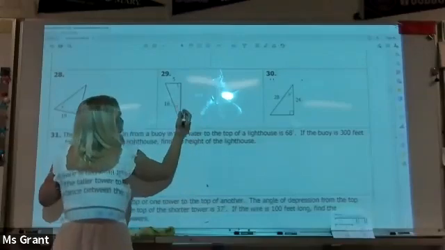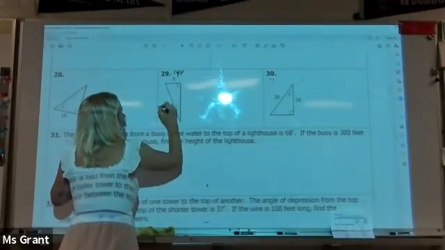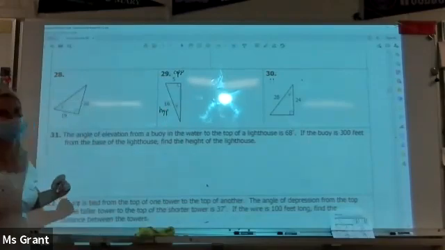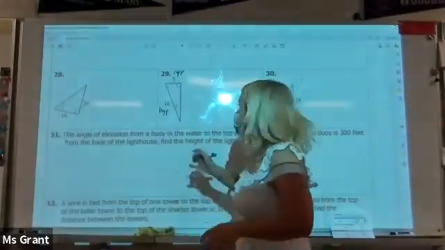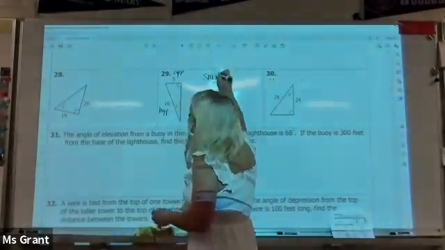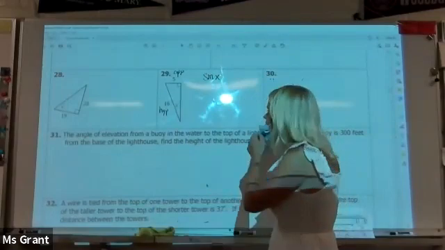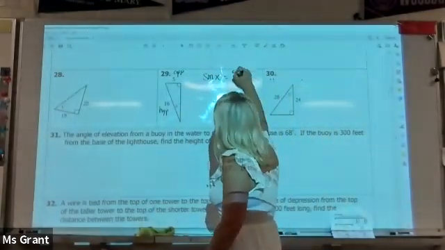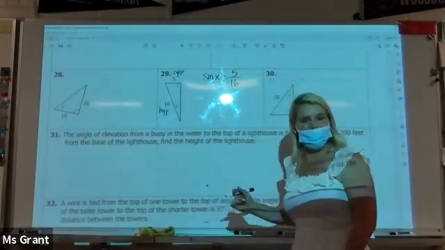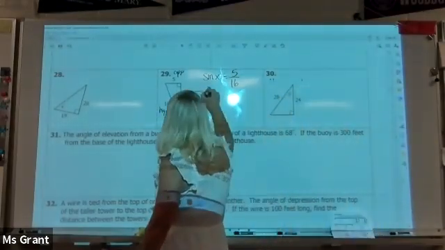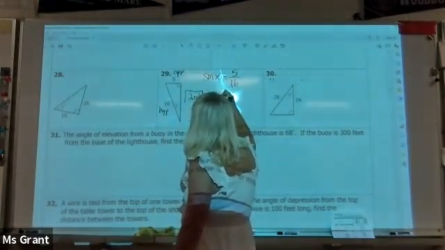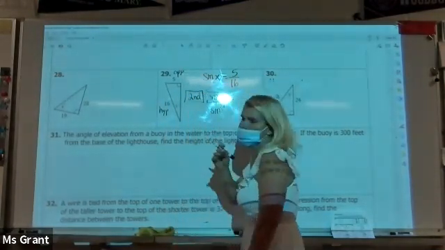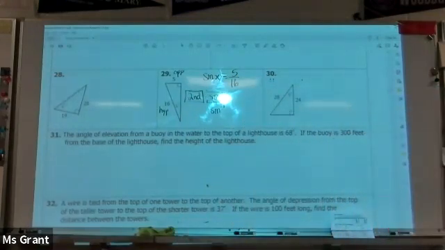29. I am given the opposite and I'm given the hypotenuse. So opposite and hypotenuse is sine, correct? Sine of, I don't know how large the angle is, equals opposite over hypotenuse. Second sine, because this gives you the sine inverse. When you don't know an angle measure, you use the inverse. That's the second function. It's above the word sine.